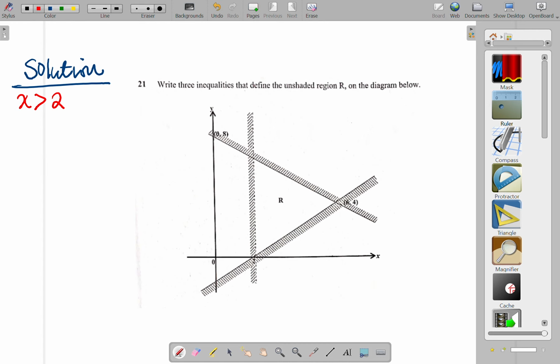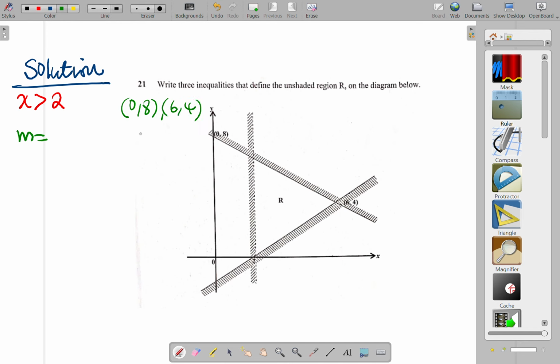Let's say m. So the points that I have are 0,8 and 6,4.